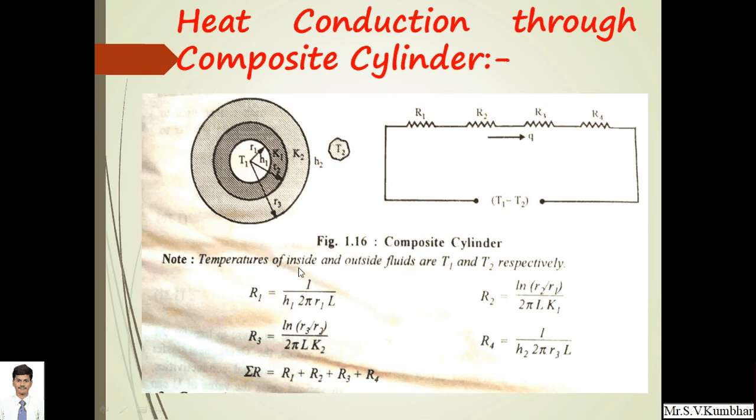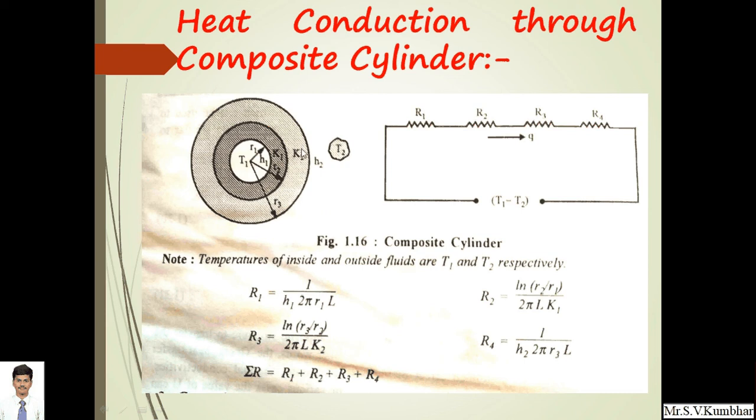So R1 is calculated as 1 upon H1 into A1. Now A1 is considered as 2 pi R1 L, which is circumferential area of inner cylinder. R2 is ln R2 upon R1 upon 2 pi L K1. This is the heat transferred through the first cylinder.